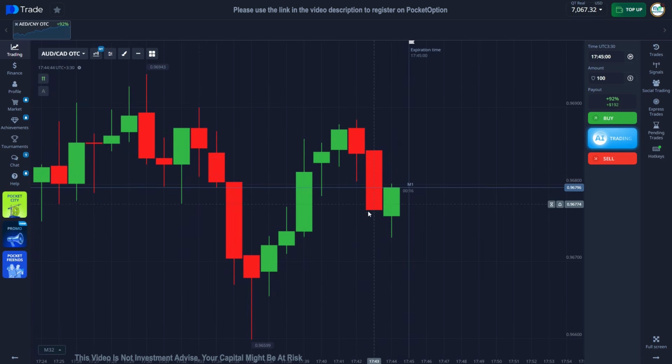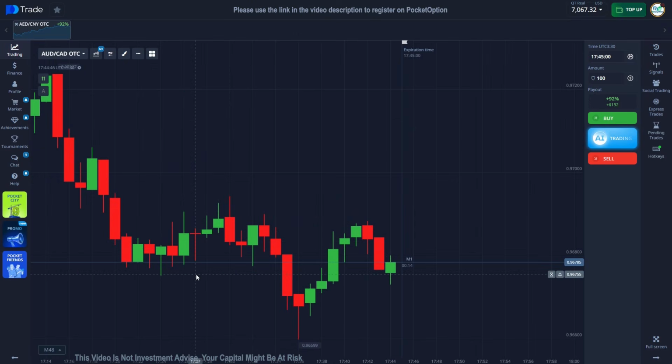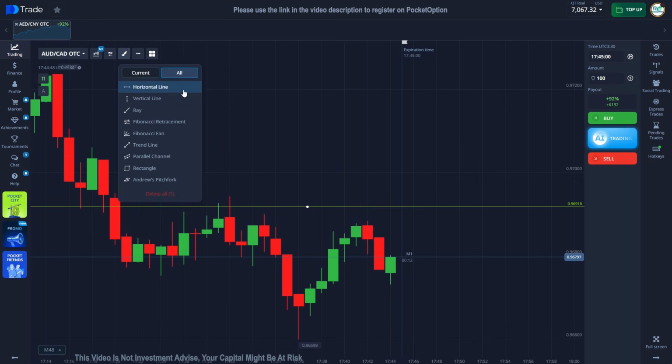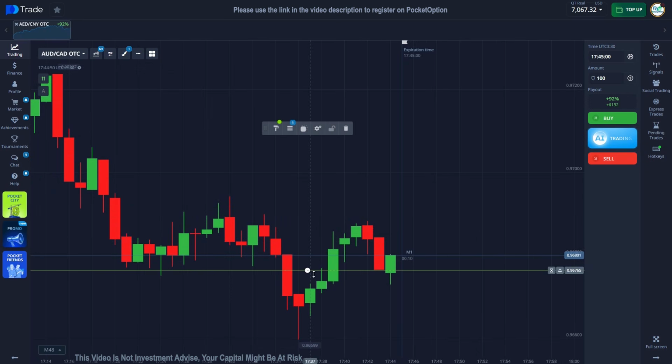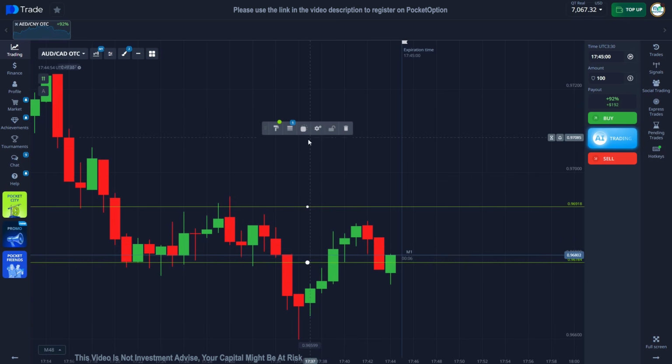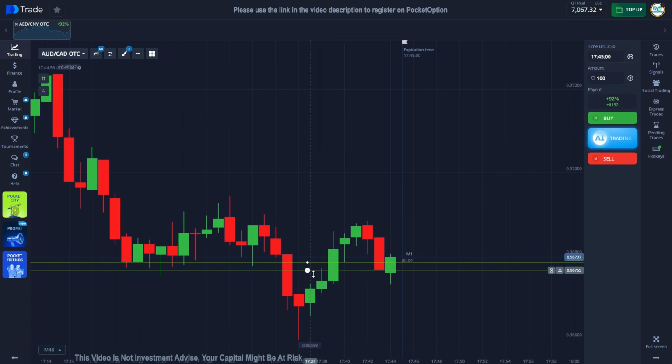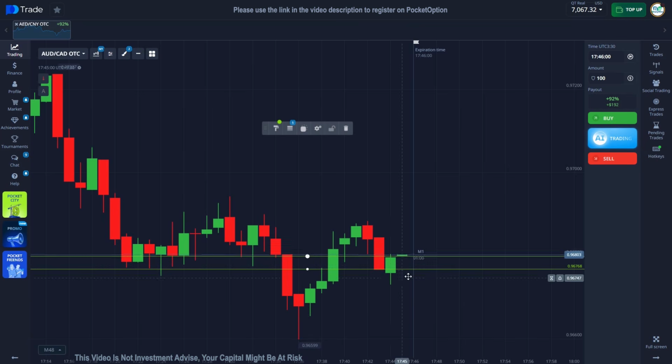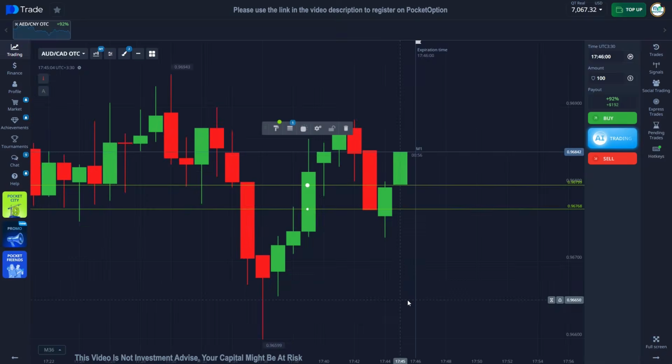After that, a marble candlestick is on the support level. You can see, which is why the next candlestick is green.